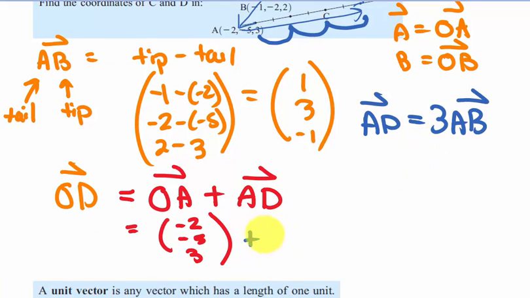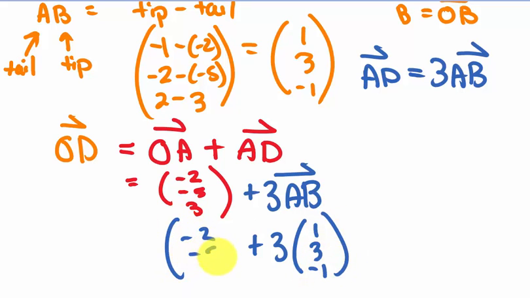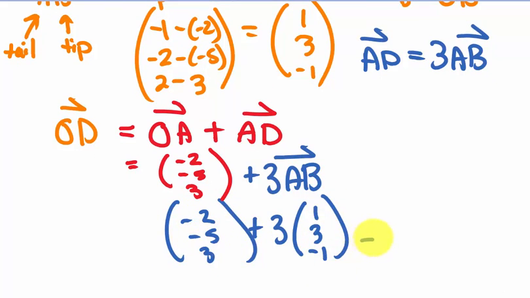So AD is plus 3 times AB. Well, we already found AB, so plus 3 times vector 1, 3, -1, plus -2, -5, and 3.